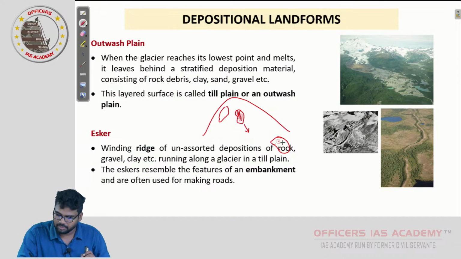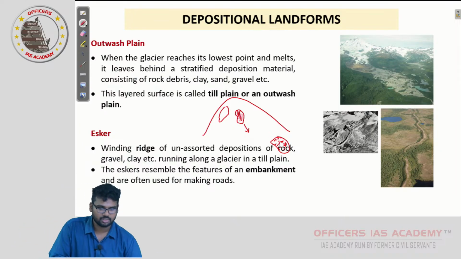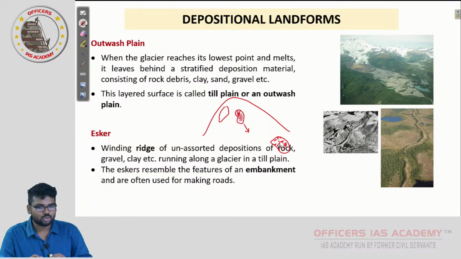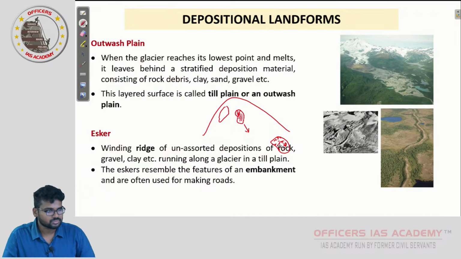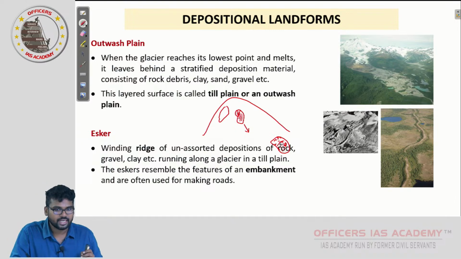Because within it there will be many rock particles, dust particles and other things. Now slowly it is going to melt, releasing the water and also the sediments inside, and those sediments start depositing along the foot of the mountain.